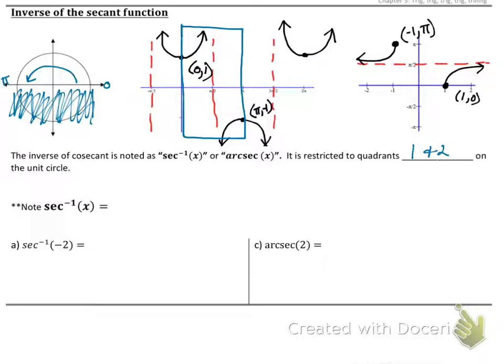Well, it looks like that. Okay, so that is the secant inverse function. That's the graph of it.